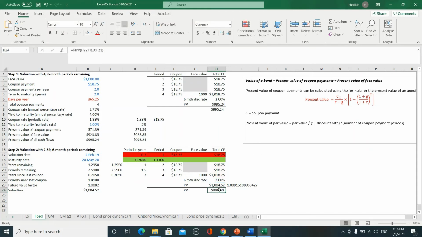But is this the price that you want? No. You want the price at 0.7 years, but you have the price at 0.5 years. So now you should use the concept of future value and move this present value from period 1 to the period that you want, okay?